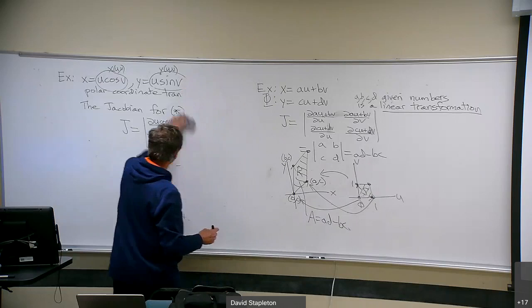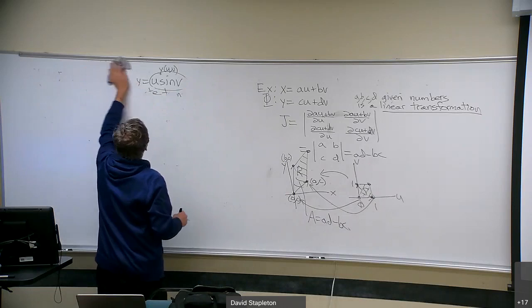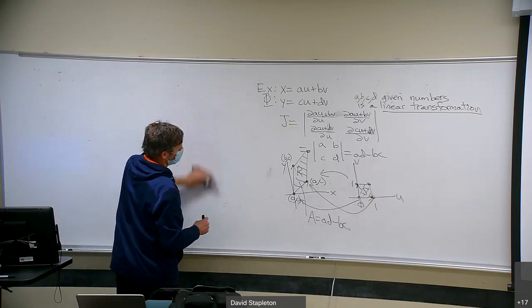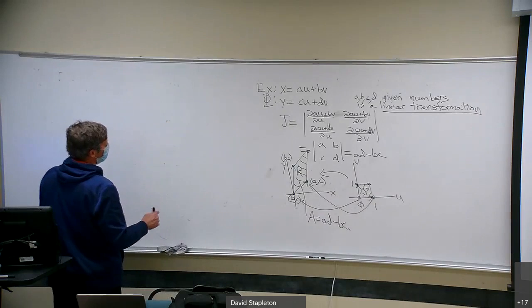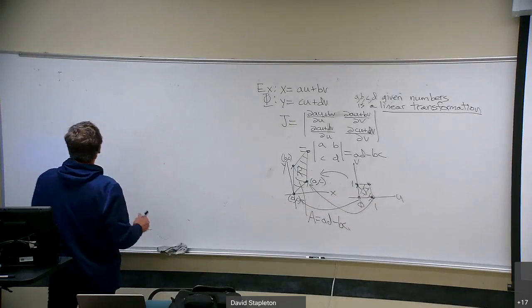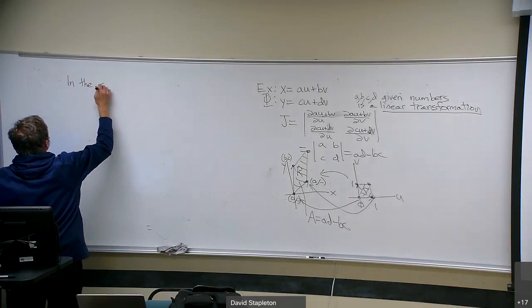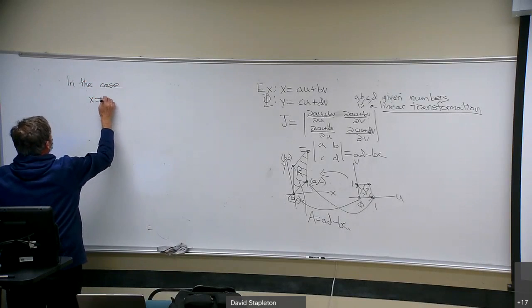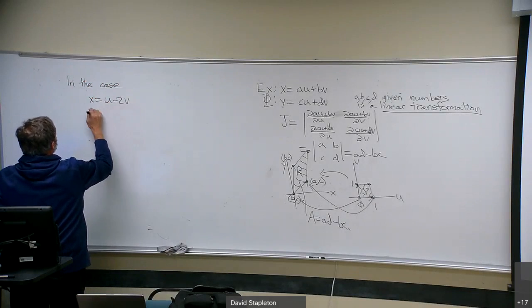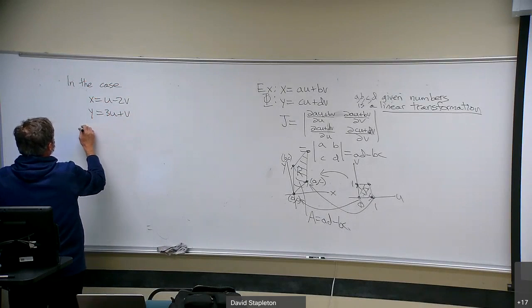Consequently, it leads to the following wonderful theorem. Maybe I should do one more example on that. In the case that x equals u minus 2v and y equals 3u plus v, what is the Jacobian?